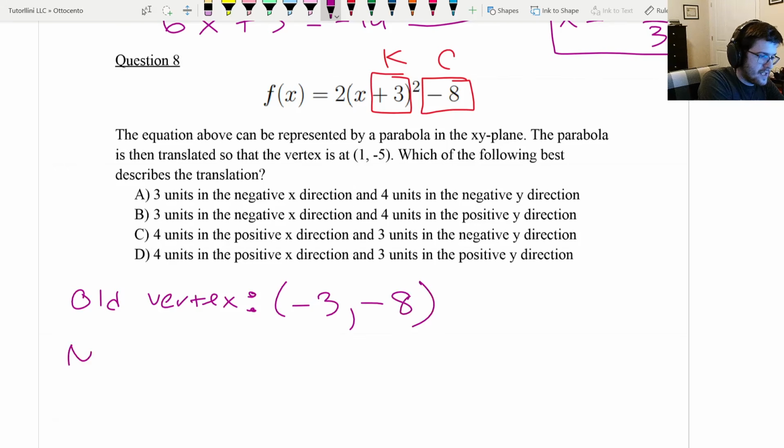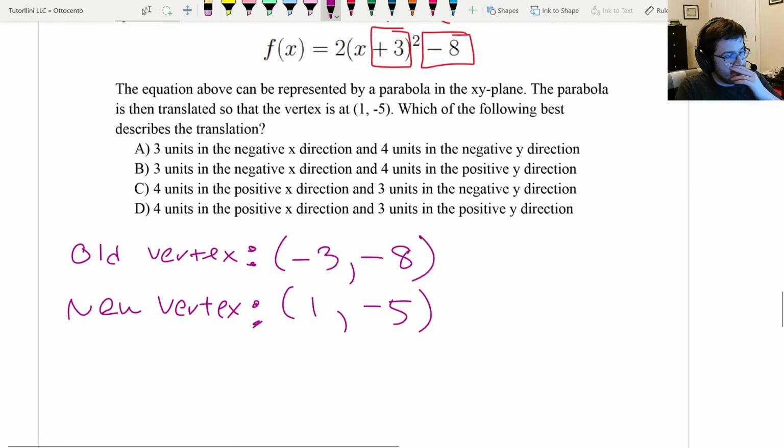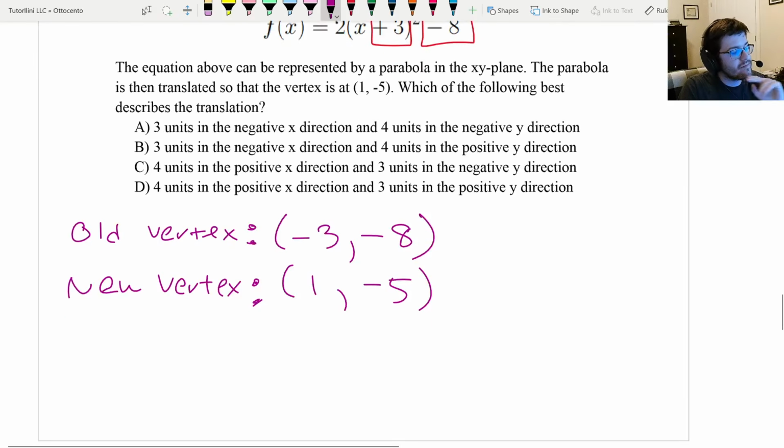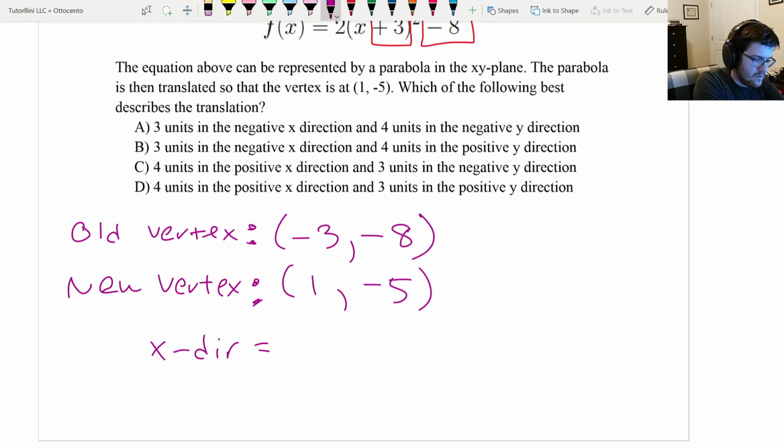The new vertex, they tell us, it's 1, negative 5. And now we're going to do new minus old. So 1 minus negative 3, that's positive 4.